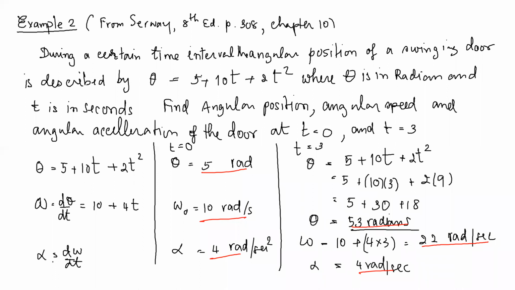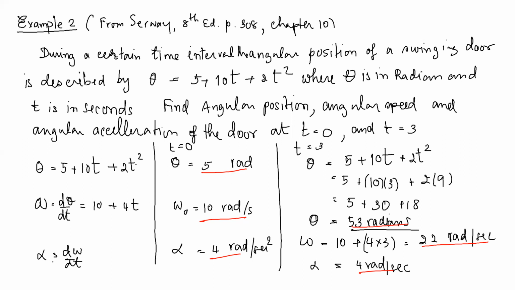Now, doing the same thing as what we did in uniform acceleration motion, theta is 5 plus 10t plus 2t squared. By definition, the angular velocity, angular speed, is d theta by dt. So the derivative of 5, which is constant, gives you 0. The derivative of 10t by dt, you get 10.